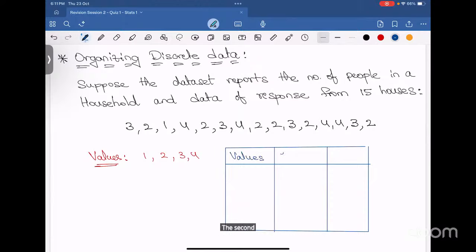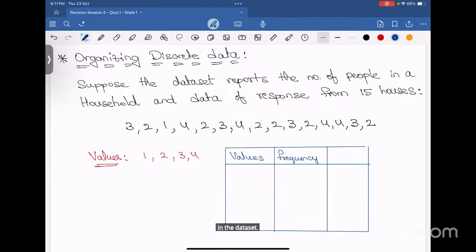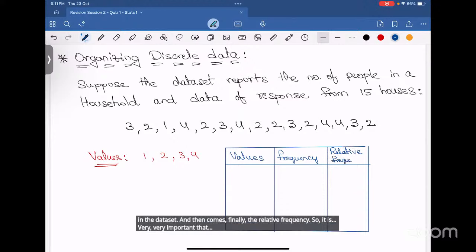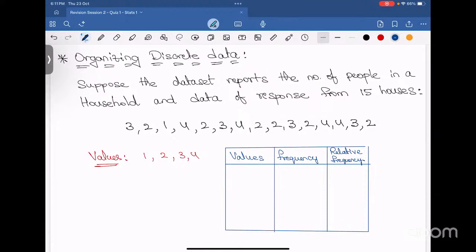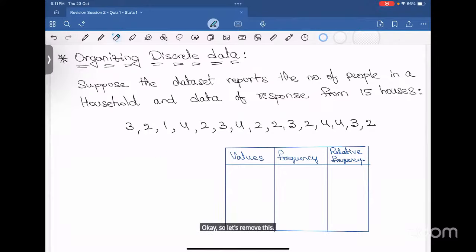The second column contains the frequency. Frequency is the number of times that value has occurred in the data set. And then finally comes the relative frequency. It is very important that we compute the relative frequency.